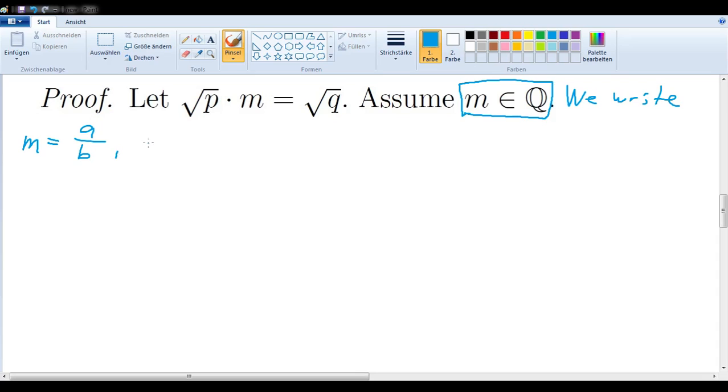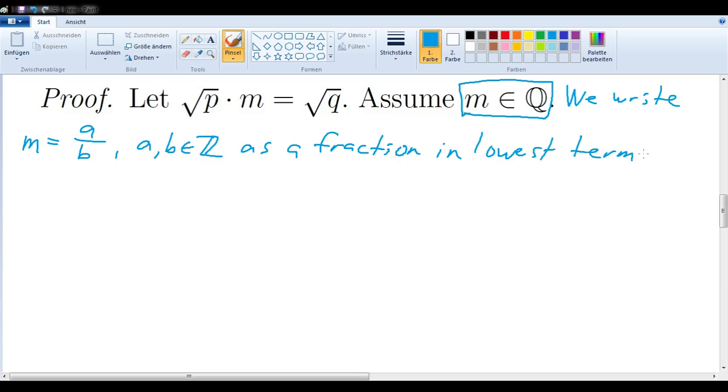We'll call that a over b, and a and b will just be integers. And we don't want that to be just any fraction, but a fraction in lowest terms. In other words, that it cannot be further reduced. We will definitely need that in the proof.